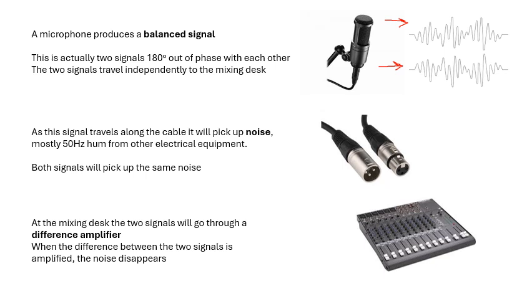Because the noise is on both of them, so that isn't amplified. So all you get, your output, is the difference between the two signals, which is your original signal. Sneaky. So at the mixing desk, the two signals go through a difference amplifier, and when the difference between the two signals is amplified, the noise disappears. So that's a use for a difference amplifier. Very interesting.